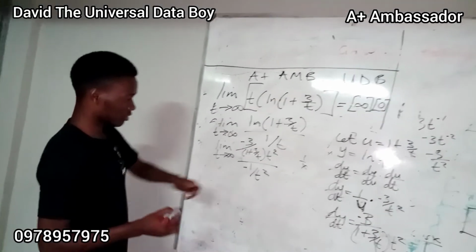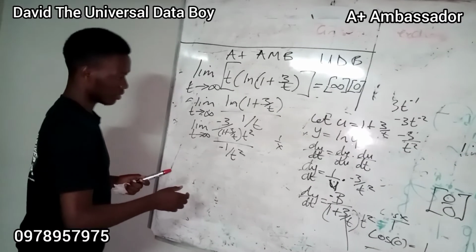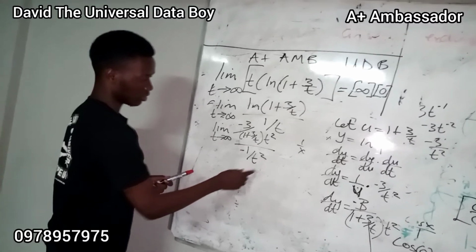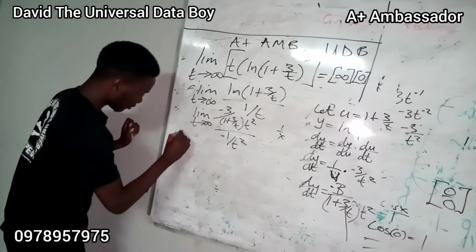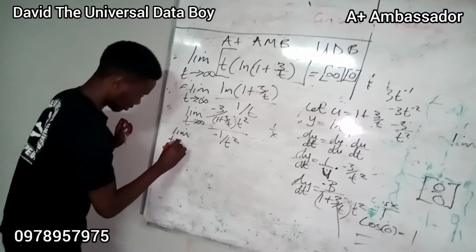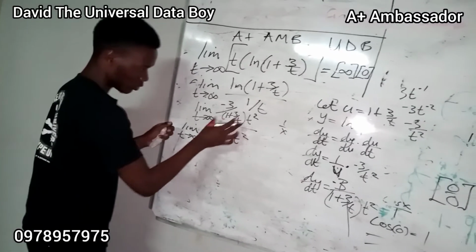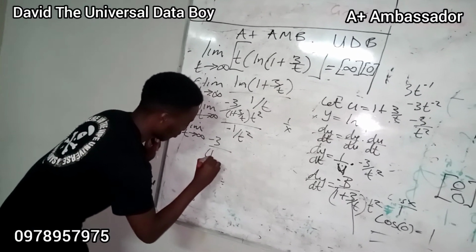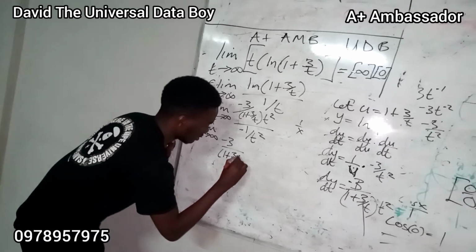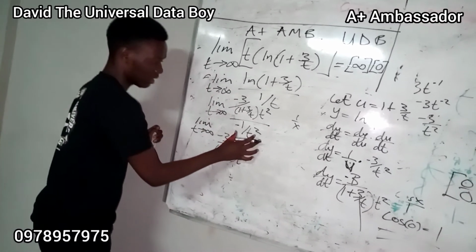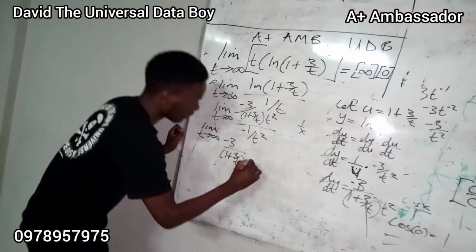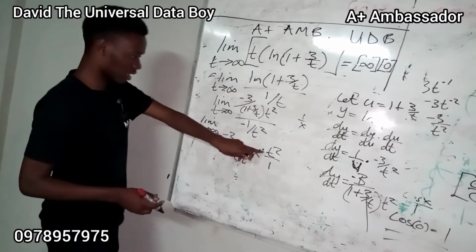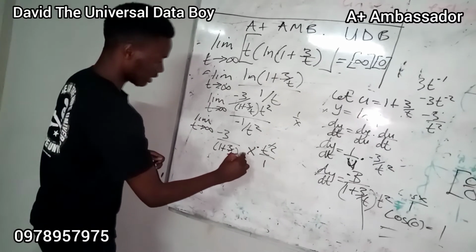So we've differentiated, and now we have a t squared in the denominator of both. If you want to really see what's going on, we have negative 3 over 1 plus 3 over t, then divided by, switched now, times t squared over 1, which is also negative. The negative times the negative will multiply, and the t squared and t squared will cancel.